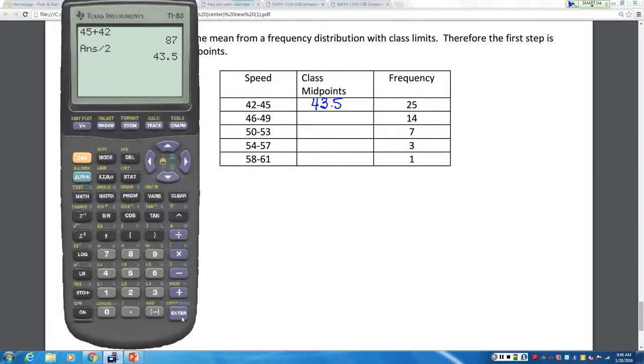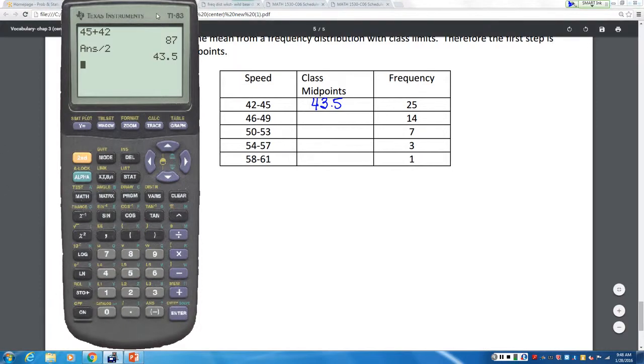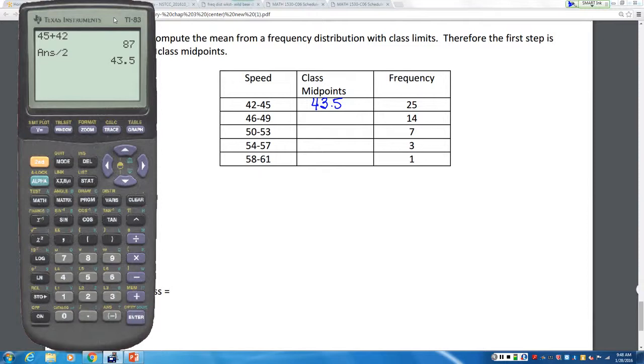Now, I can do that all the way down. Or wasn't there a trick? Class width. Do I know the class width? Yes. How do I figure it out? It goes from 42 to 46. Awesome. Remember, you went from here to here. That's the class width, right?